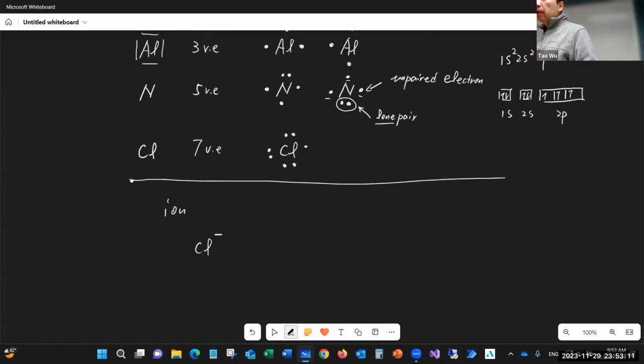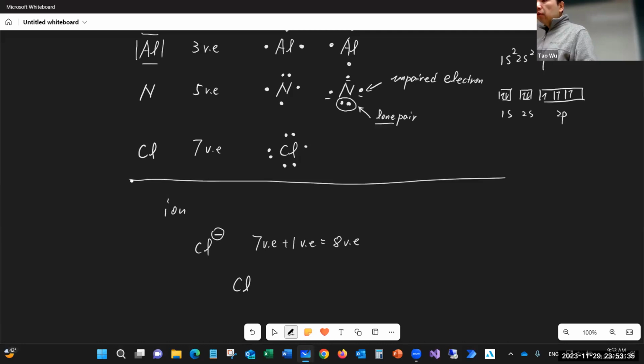We know chlorine has 7 valence electrons, and here it gains 1 more electron. So in total it has 8 valence electrons. That makes sense, right? So you should add 8 dots instead of 7 dots on the outside for the chloride ion.